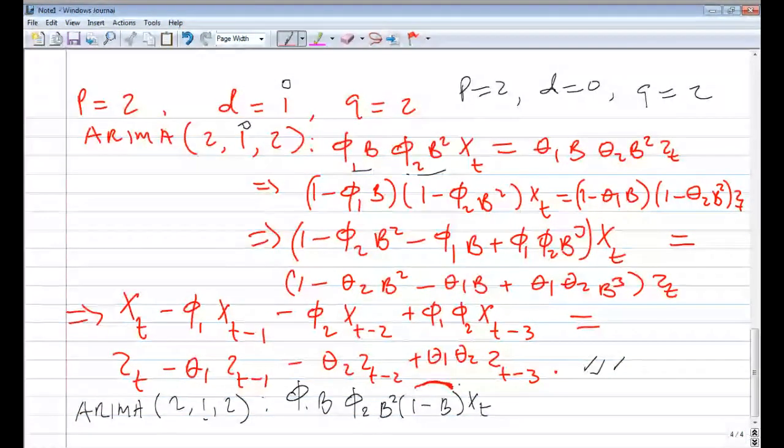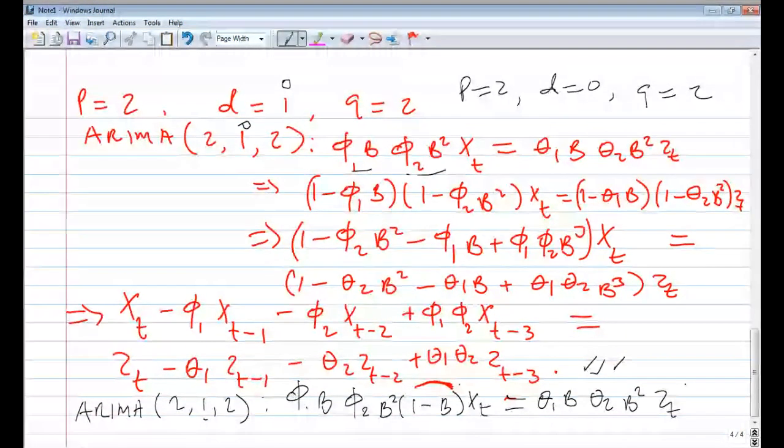Don't worry, I will elaborate it for you. Let me just finish writing this one before I forget. The right hand side is going to remain the same, because we know that moving average is always stationary. So theta 2 B squared Z_t.